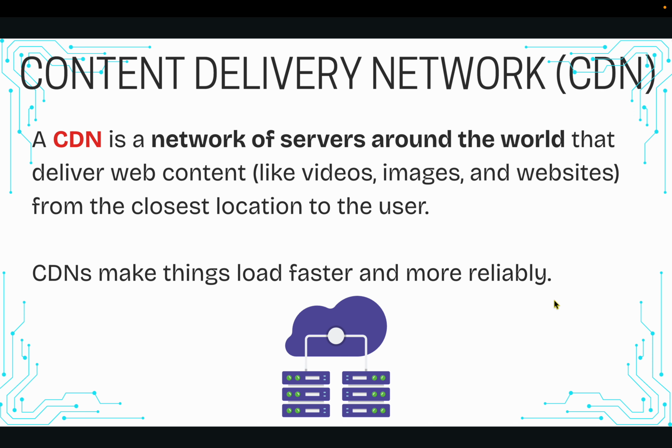So it basically just makes it a lot more reliable for things to come to you quickly. So, for example, one website that would probably be on your CDN would be Google or Microsoft Edge, because you probably access one of those every single day and you need to get to it very quickly. So that would be an example of how a CDN would be used.